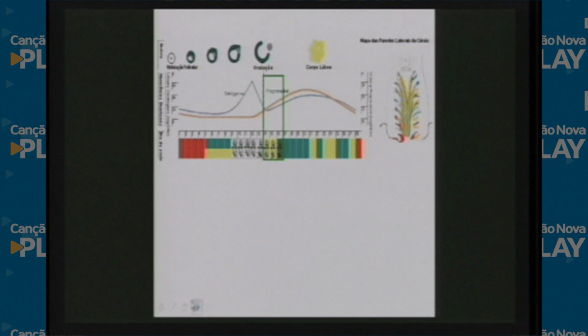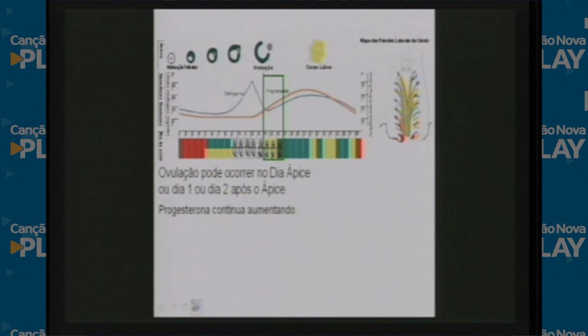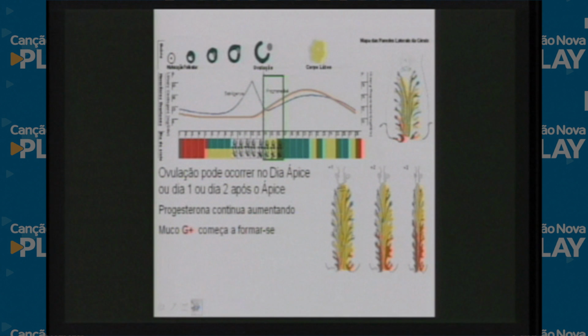Ovulation may occur on the peak day or day 1 or 2 past peak. The progesterone continues to rise and the G mucus begins to form.